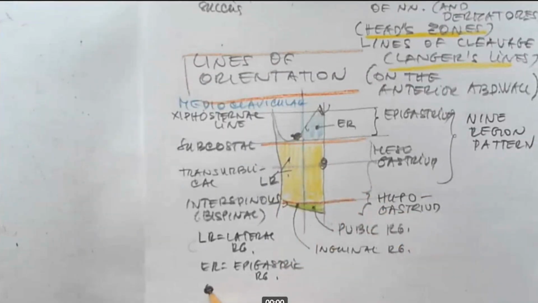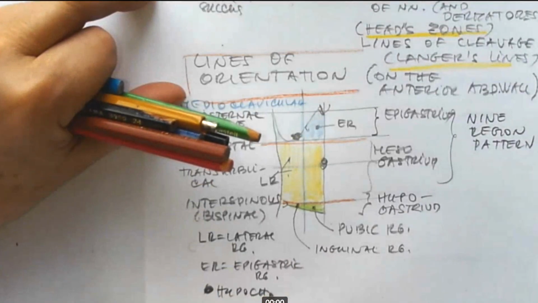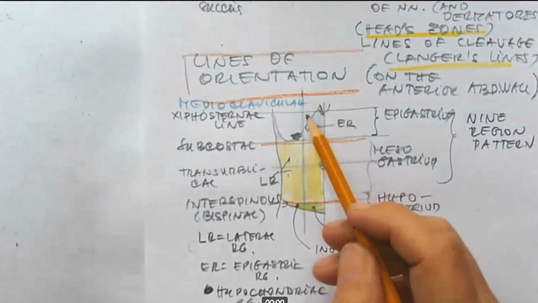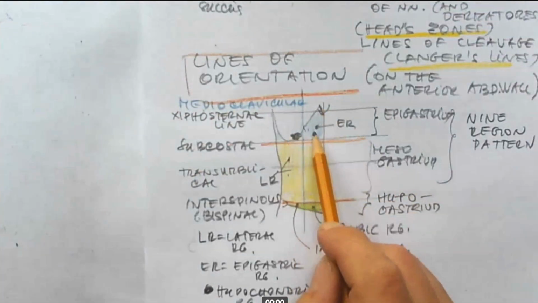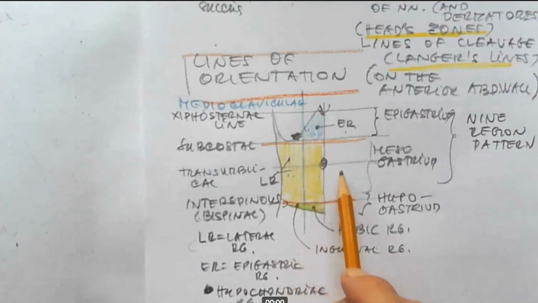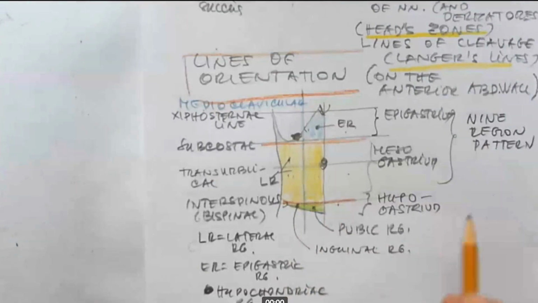Maybe a darker, bigger dot indicates this. We call it hypochondriac, because it is below the diaphragm. So count with me. 1, 2, opposite 3, 4, 5, 6, 7, 8, 9. Okay, finished. 9 region pattern.